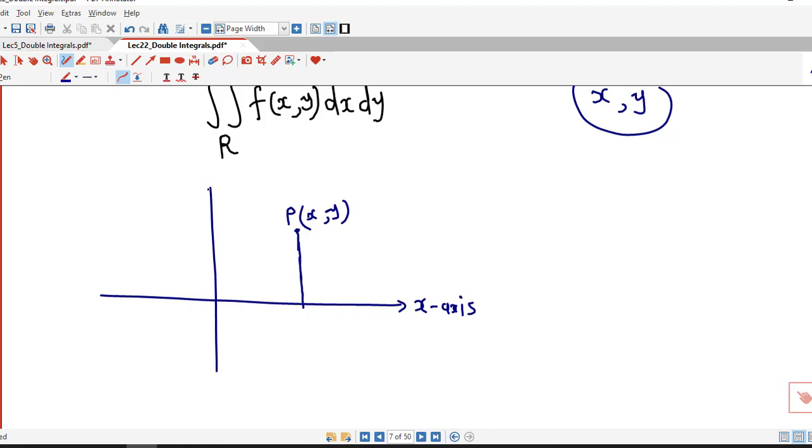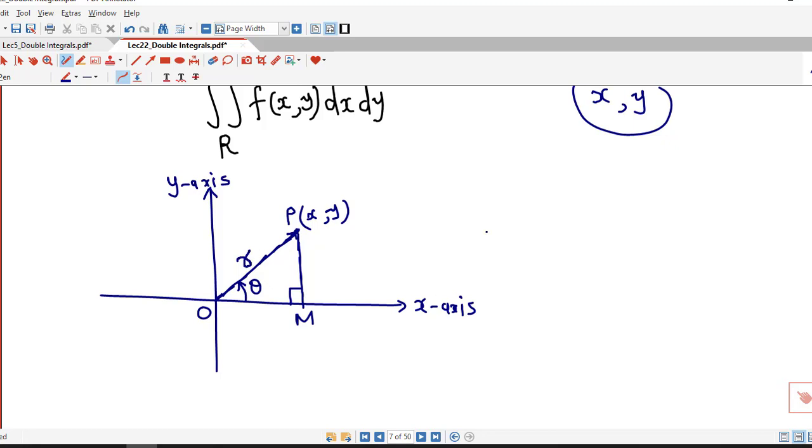Suppose this is the x-axis, this denotes the y-axis, and we consider the position vector of this point P, and suppose this is the origin O, and this is point M.